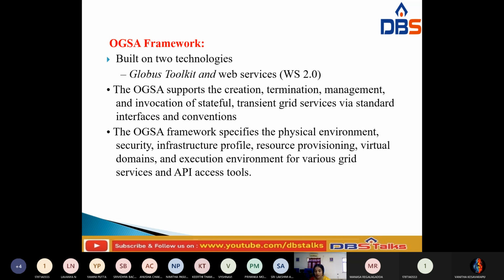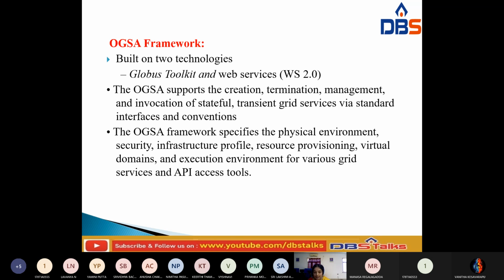OGSA is mainly used for supporting the creation, termination, management and invocation of stateful transient grid services via standard interfaces and conventions.